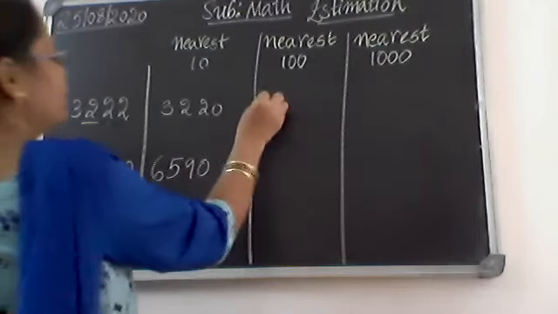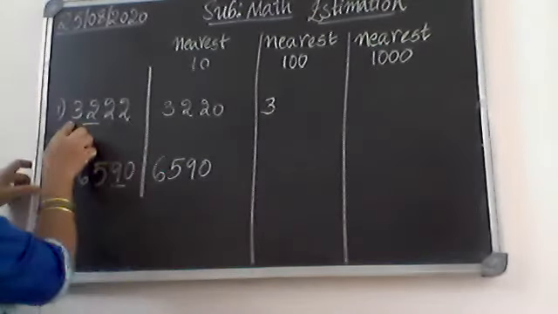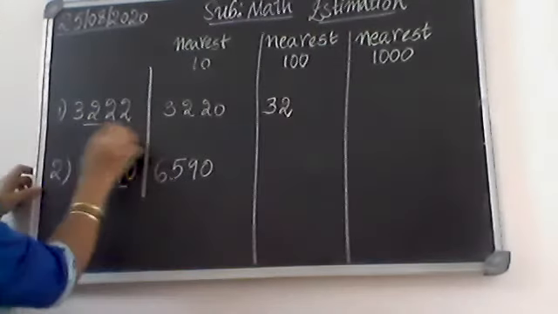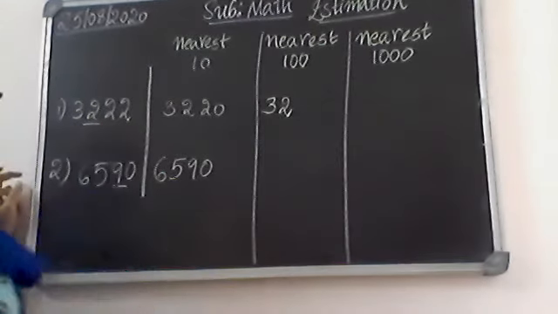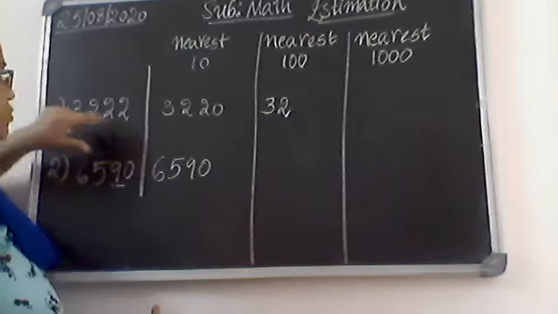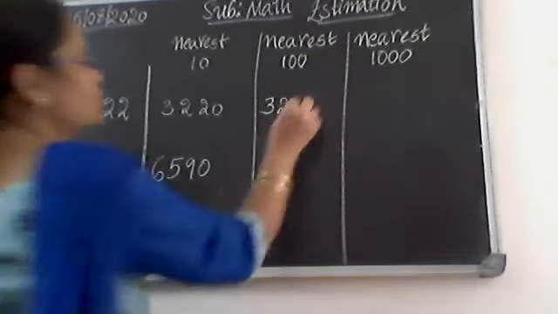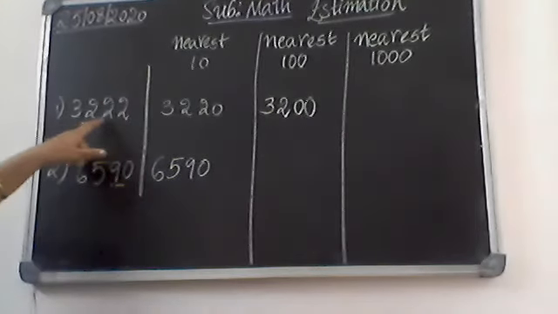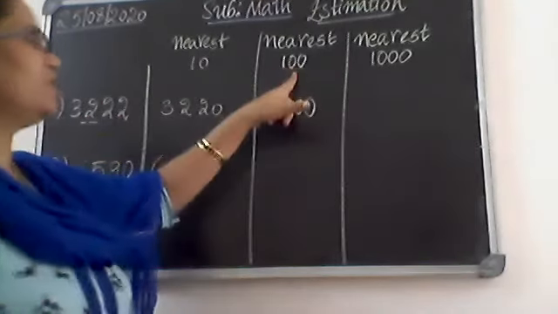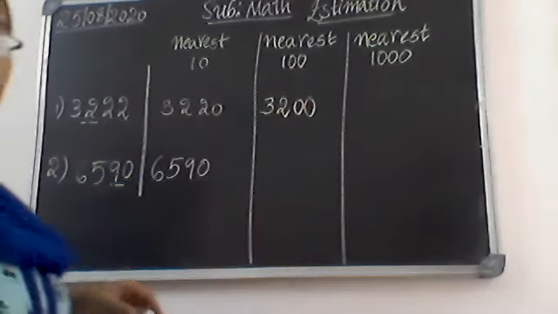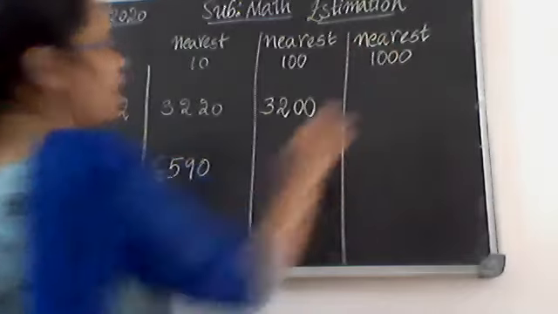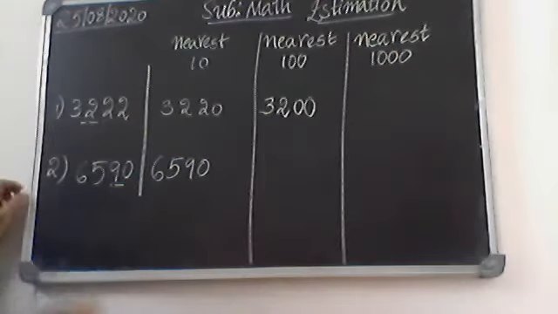So what do we have to do? You have to write number 3 as it is, and number 2 as it is, and instead of the digits in front of the underlined digit, 2 more digits are there. You have to write 2 more zeros here. So what does it become? 3,222 when rounded off to the nearest 100 will become 3,200.